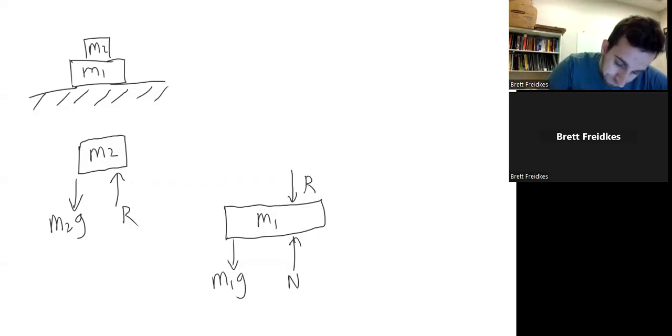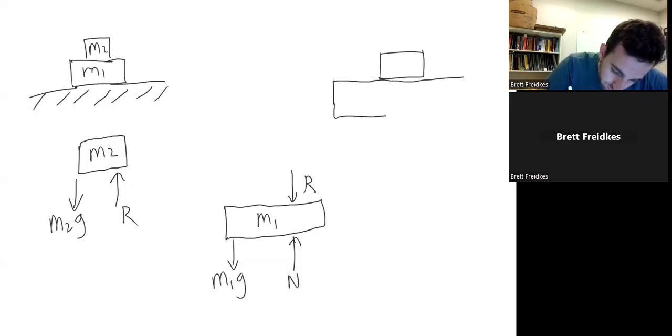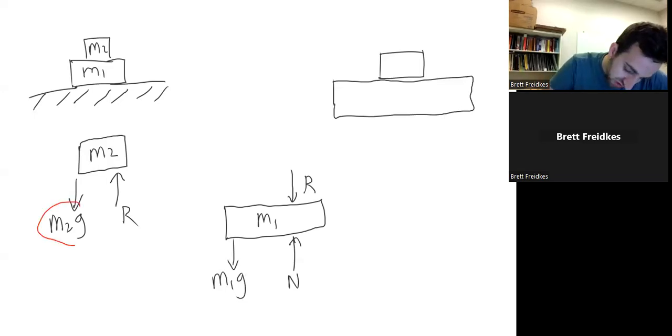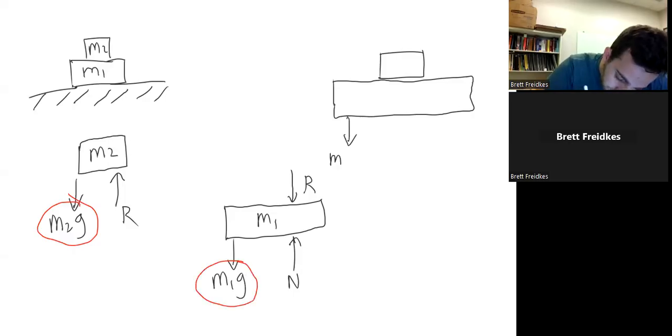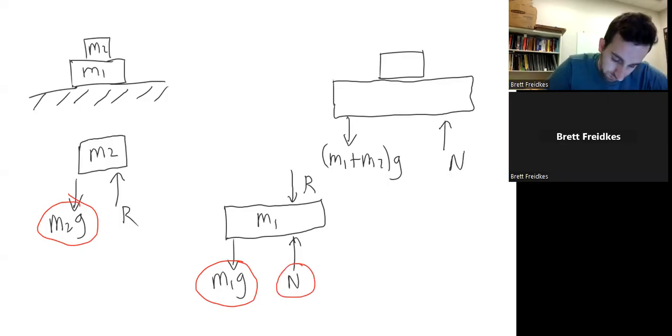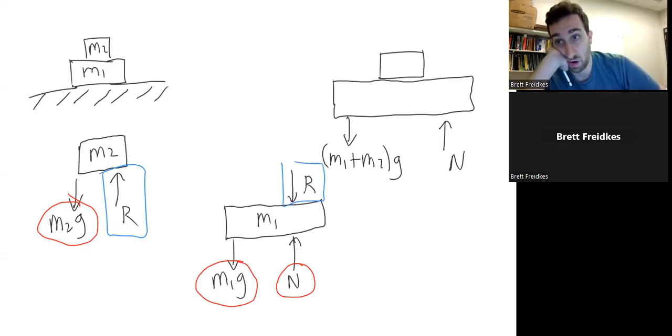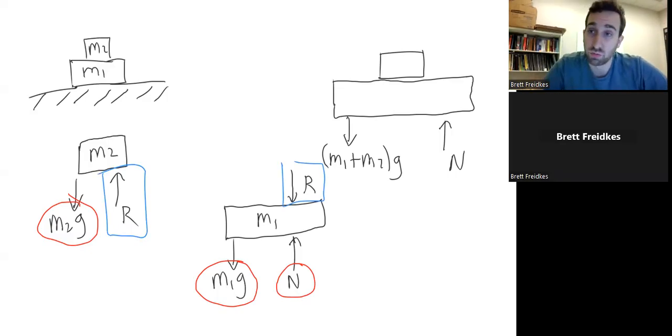If I combine them, let's add up all our forces. So we see that we have an M2G and M1G pointing down, so maybe I'll say M1 plus M2 times G. I have this normal force N that's pointing up. And if you look, this R and this R are equal and opposite, which means that they do not play a role in the final free body diagram.